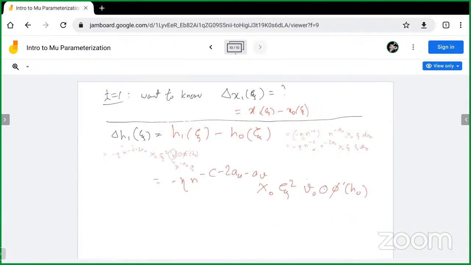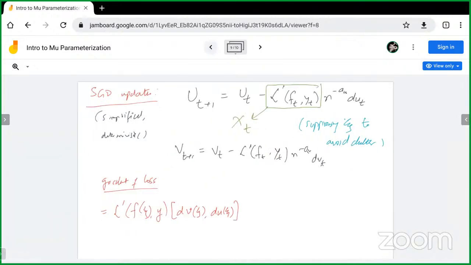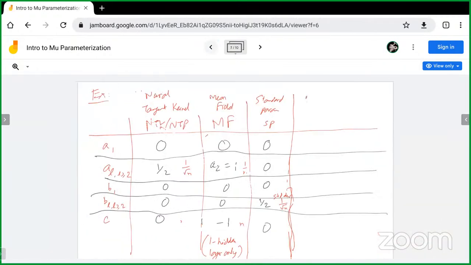Okay. Now let's plug in our numbers and see what happens. So let's do the first one, which is NTK. For NTK, the first layer is here, and then it's like a half, right? And the base was 0. It's 0 also here.